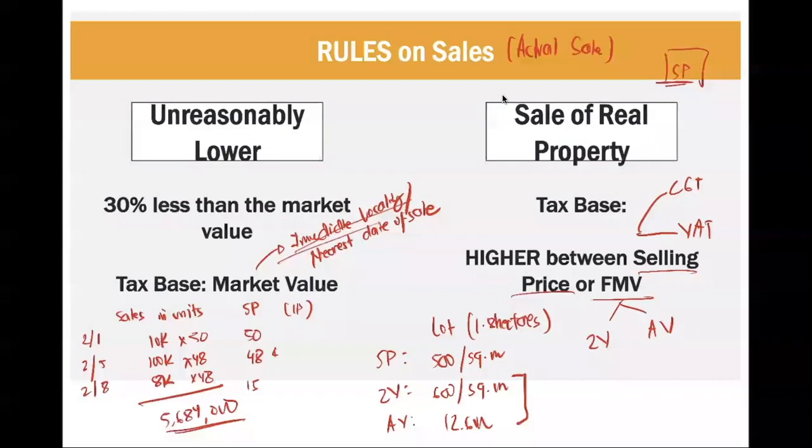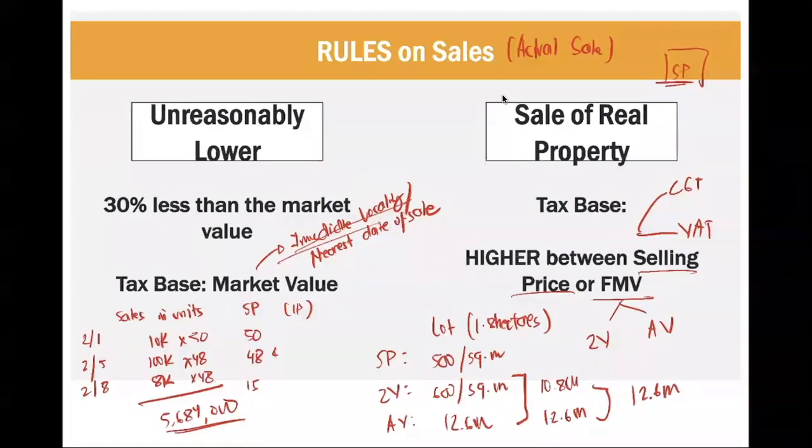First, you need to multiply the 1.8 hectares by the price per square meter. How many square meters are there in a hectare again? 10,000, di ba? 10,000 multiplied by 1.8 is 18,000, times 600, this is 10.8 million versus 12.6 million, which is higher, 12.6 million.